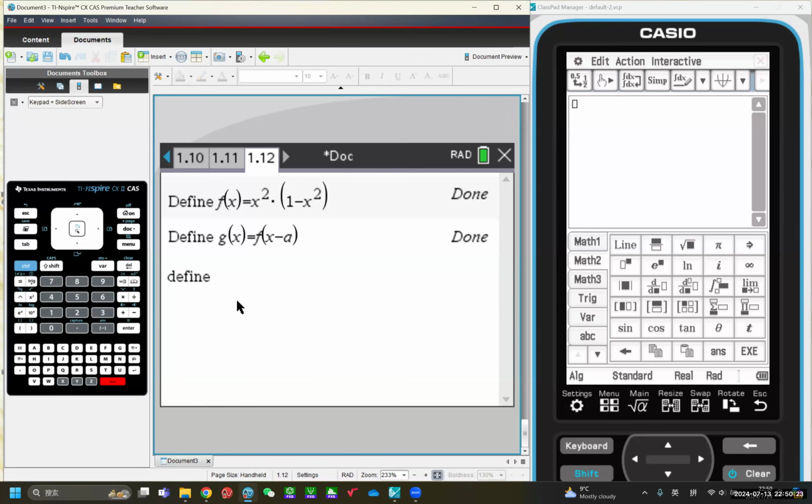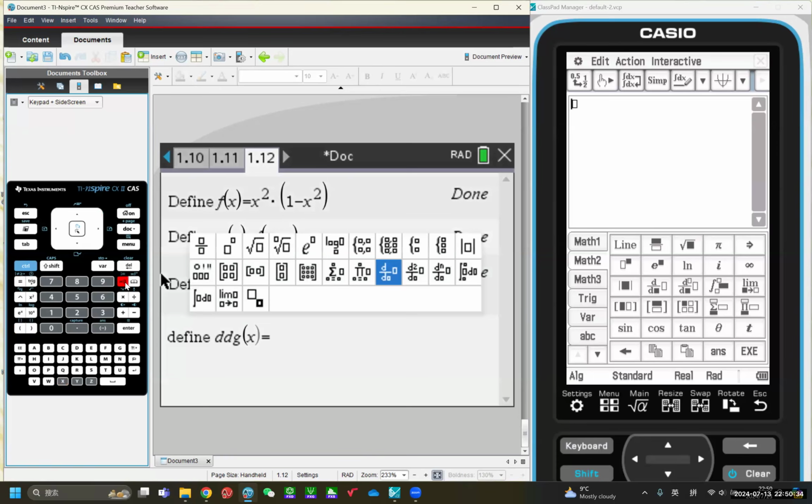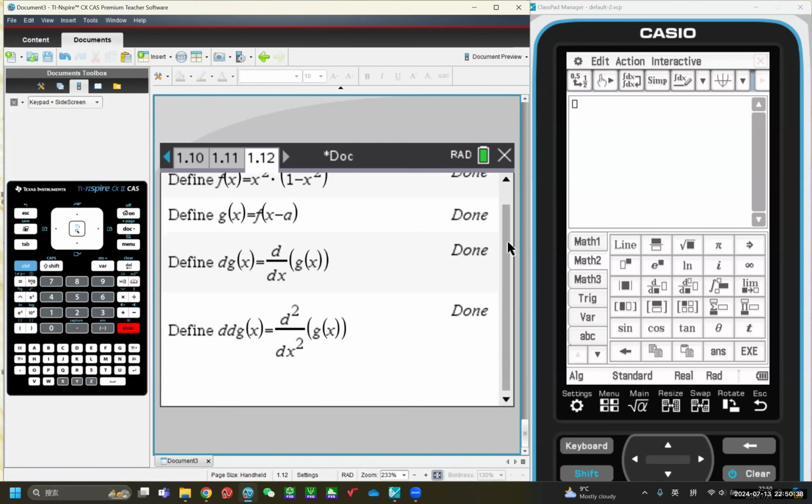Define dg(x) equals the derivative of g. Define the second derivative ddg equals the second derivative of g(x). Okay, I think I've done all the preparation work, and let's see how many equations I need to solve.